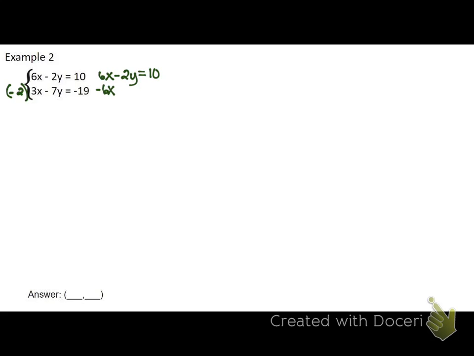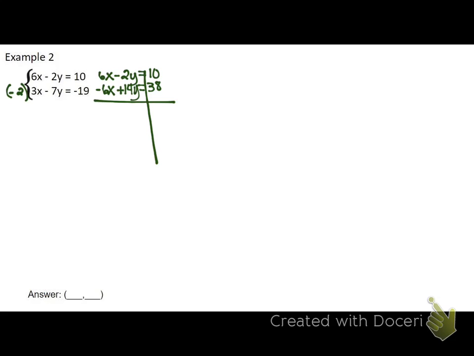Negative 2 times negative 7y equals positive 14y. And then don't forget, you also have to take that negative 2 times negative 19. So 2 negatives is going to equal a positive. So what's 2 times 19? 38. Okay. So here's my system I'm going to solve.